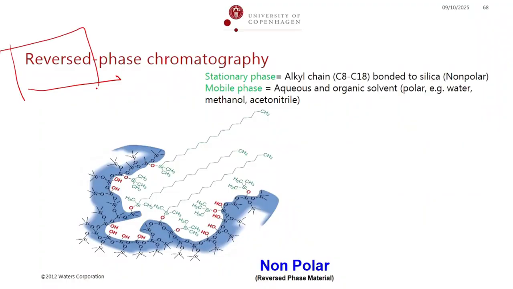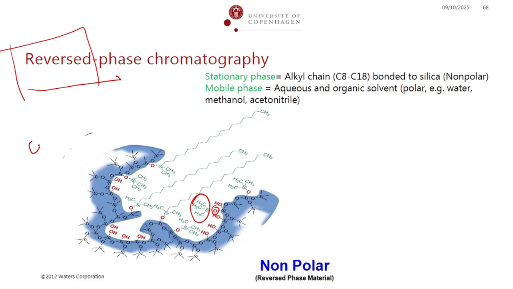Make sense? To avoid all these things, we have reversed phase chromatography. As the word says, it's the reverse of normal phase. In this case, the stationary phase contains silica, but the hydroxyl groups are blocked by a non-polar group. Can you see?